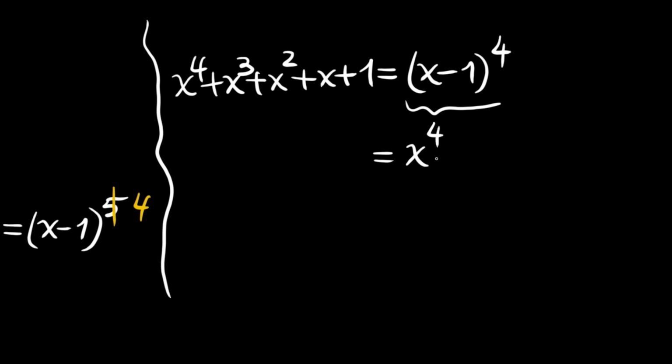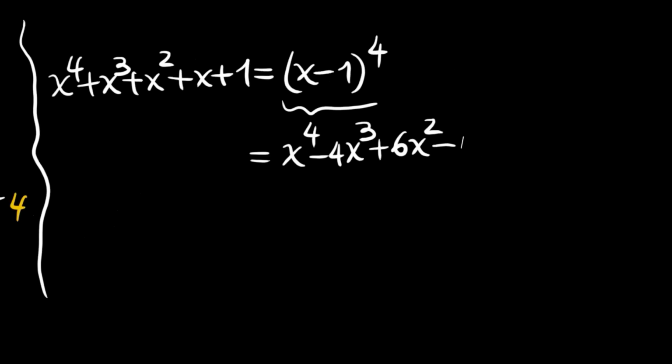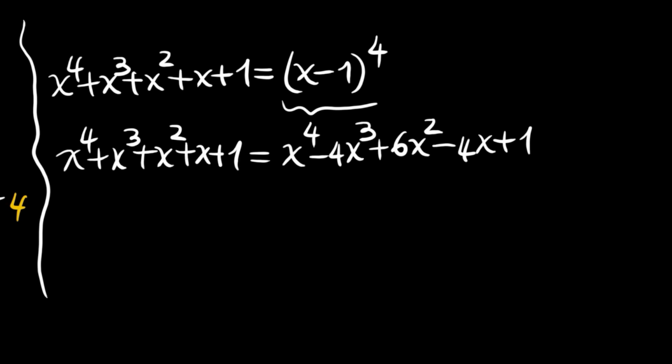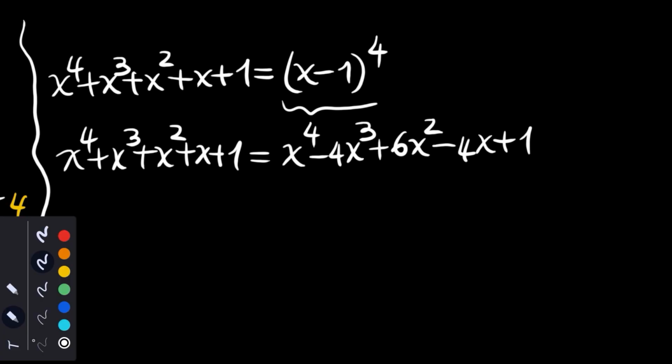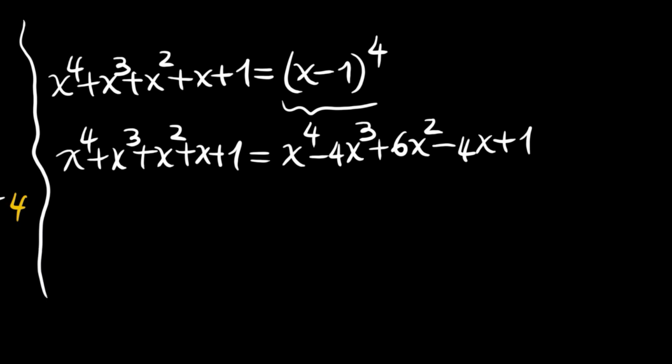It is x to the fourth power minus 4 times x cubed plus 6 times x squared minus 4x plus 1, and this is equal to the left hand side again, x to the 4, x cubed, x squared plus x plus 1. Now we can cancel this x to the fourth power, and we can cancel the constant terms plus 1.